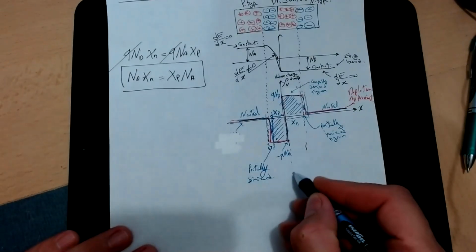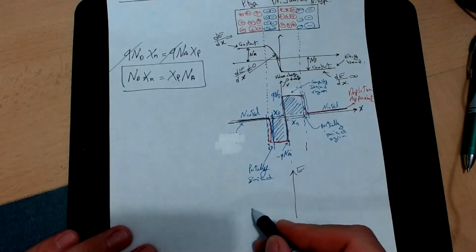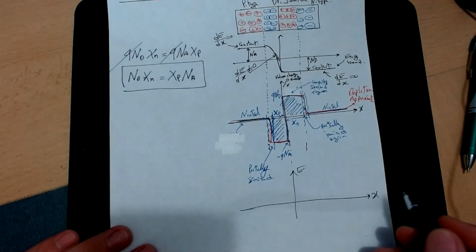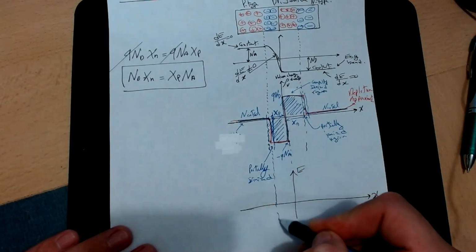So if we still continue here, this is the electric charge due to X. I'm just going to put it down like this.